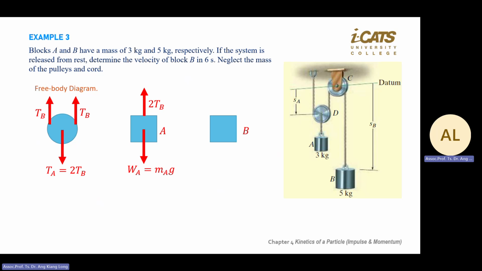Why do we not use TA? Because we want to eliminate or reduce unknowns in our calculation. Then you go to TB. For TB, you have this diagram: W goes down, and then you have 1 TB.